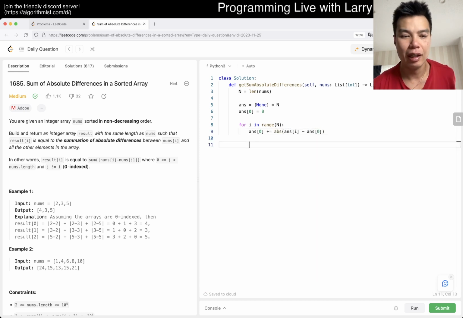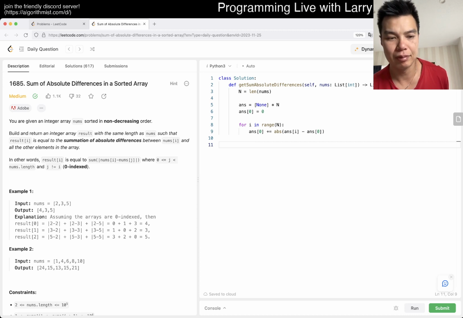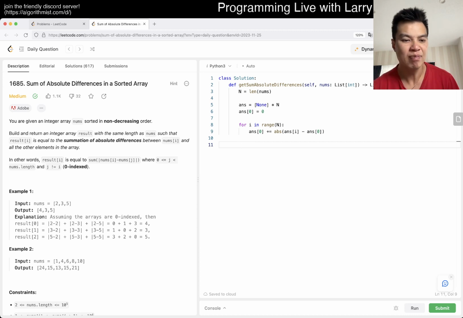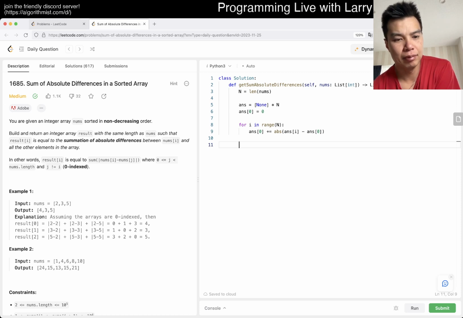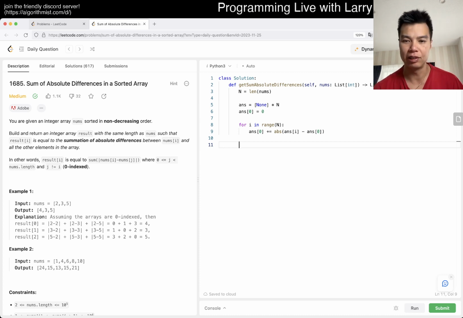And then what does that mean? Oh, and this is sorted, so that means I actually don't need absolute value. I forgot about that. Okay, and now we're trying to build it incrementally, right?